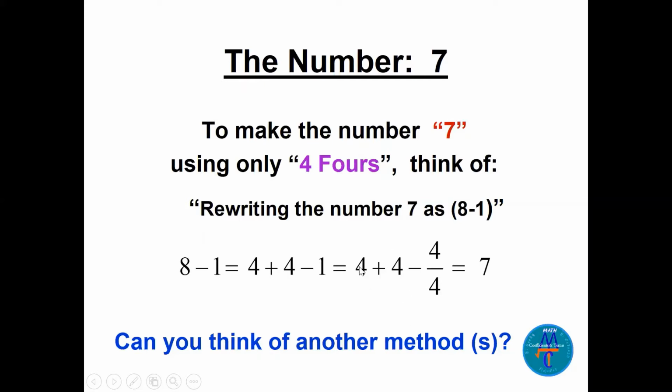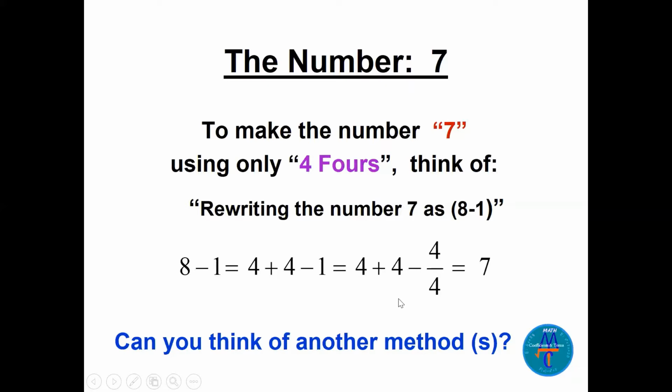Some of them will be similar to this. See, like 4 plus 4, I need here 1. So I can write square root of 4 over square root of 4. That's another way. Because 4 over 4 is 1. 2 over 2 also is 1, which is square root of 4 over square root of 4.